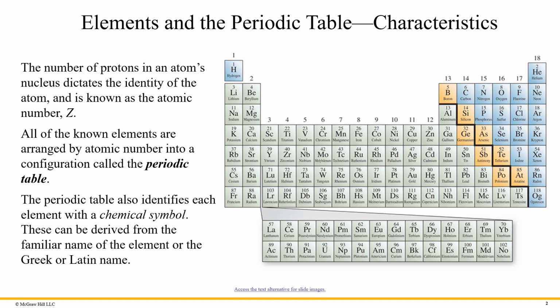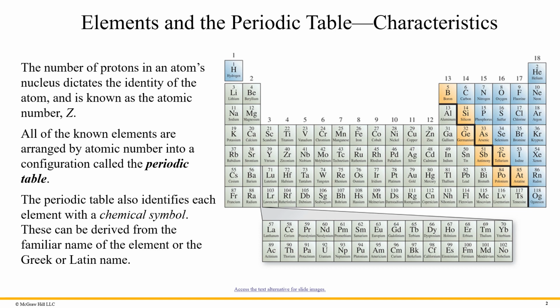This is very important in chemistry because the protons are sort of the fingerprints of that element. If we change the number of protons, we also change the identity of the element. As you can see here, the first element is hydrogen, and it's element number 1, so it has 1 proton.